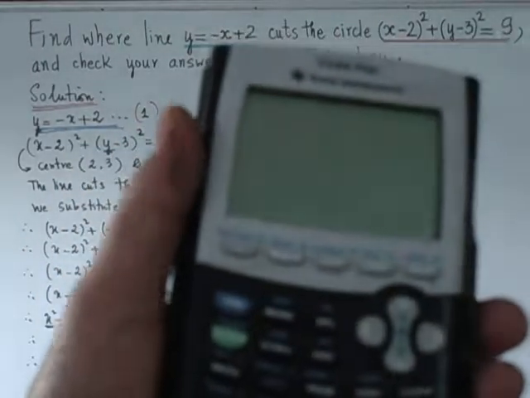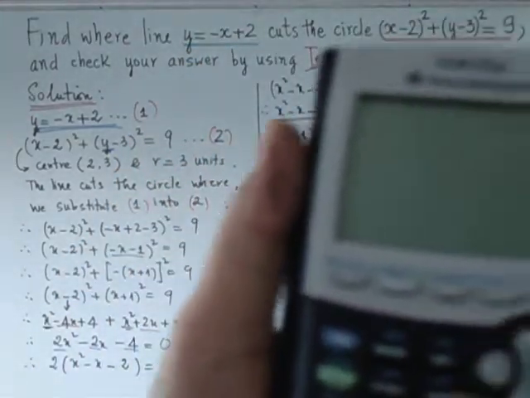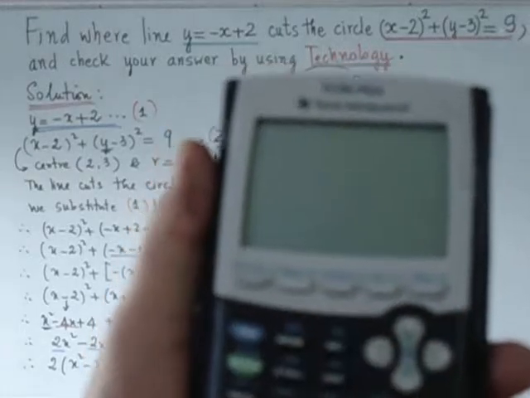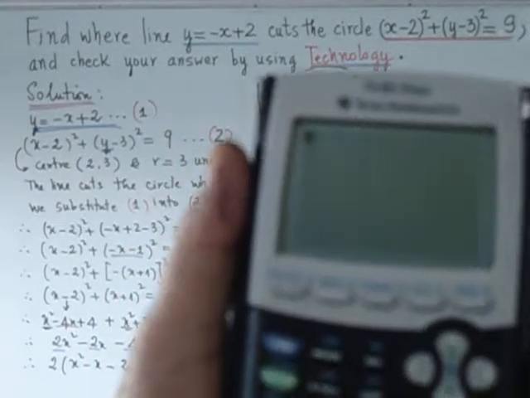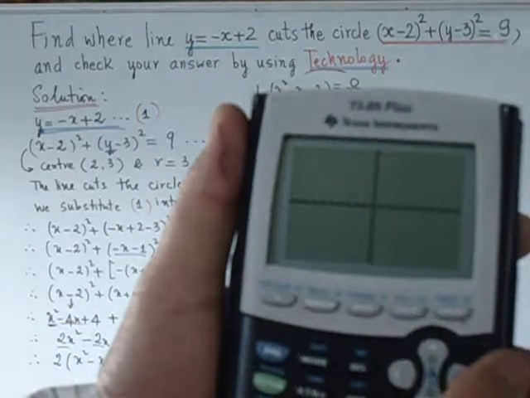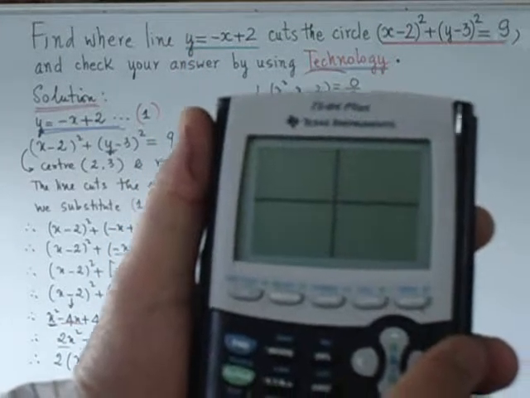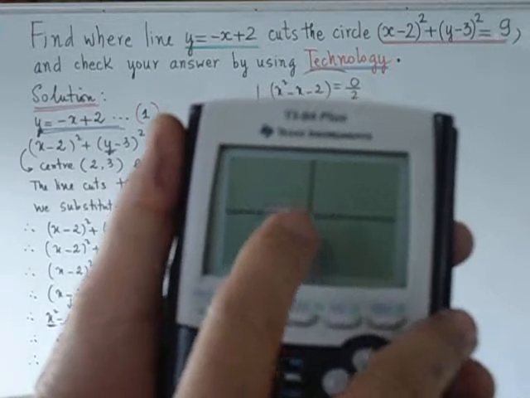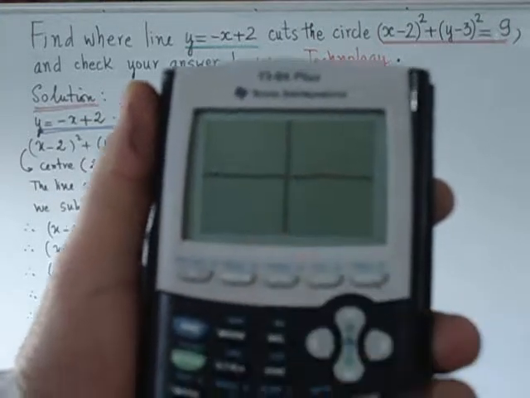First, we turn the technology on. At the beginning, we see the set of axes, four sides: left, right, up and down.